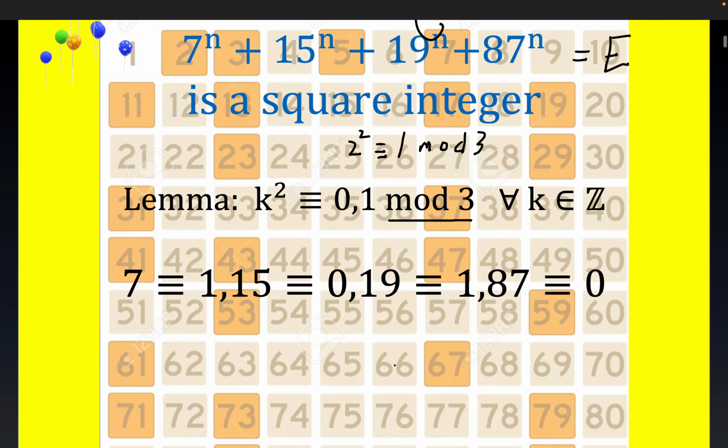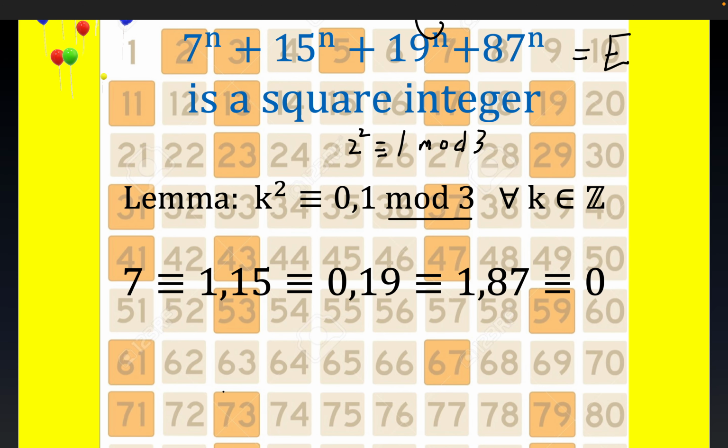Now, with regard to doing this all mod 3, I don't have to keep writing it down. One benefit of working this way is that you can treat this congruence just like equality. You can raise both sides to the n power, and you get 7 to the n is congruent to 1. 15 to the n is congruent to 0. 19 raised to the n is congruent to 1.